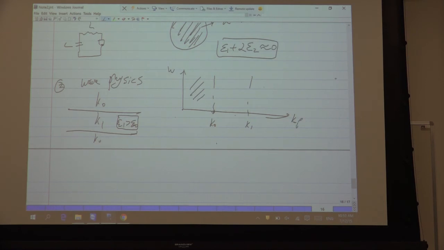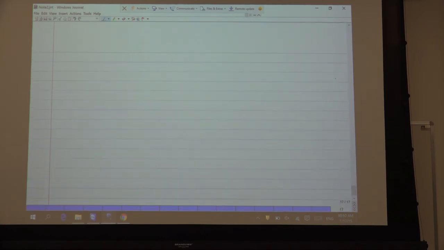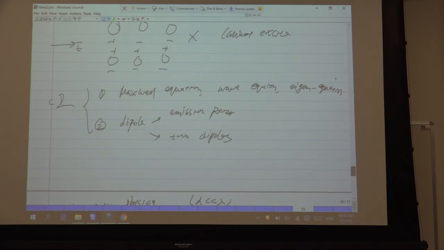If K rho is smaller than K0, this region is a radiation mode or leaking mode. If K rho is larger than K0 and smaller than K1, this is a guiding mode. If K rho is larger than K1, this is an evanescent mode. So this is the basic wave physics.